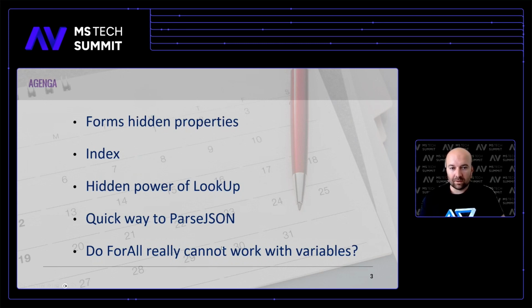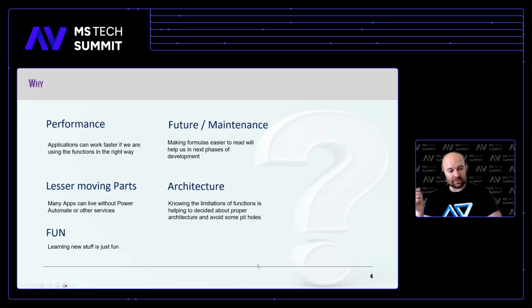Okay, a couple of considerations before we kick off the main part of the presentation. Why it is really useful: from the performance perspective, from the future and maintenance perspective, from the architecture perspective, this is all worth knowing.